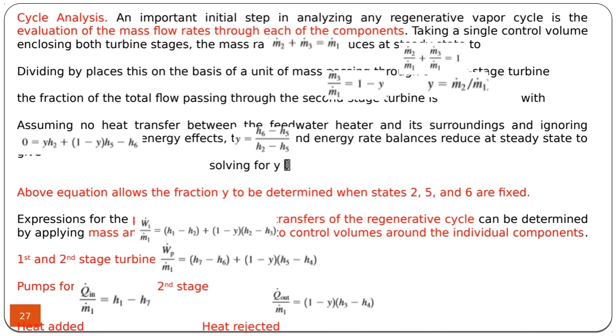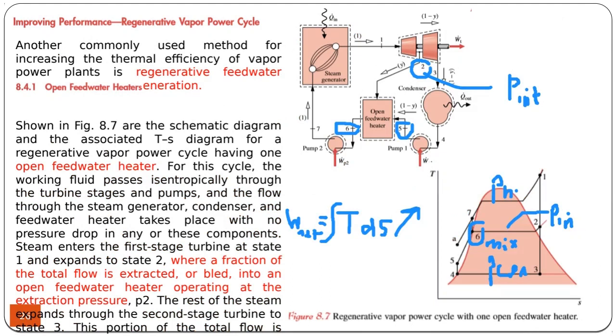You have all the relationships between the mass flow rates of the system and their relations with the enthalpies, because at every step you have to have not only a mass balance but also an energy balance.